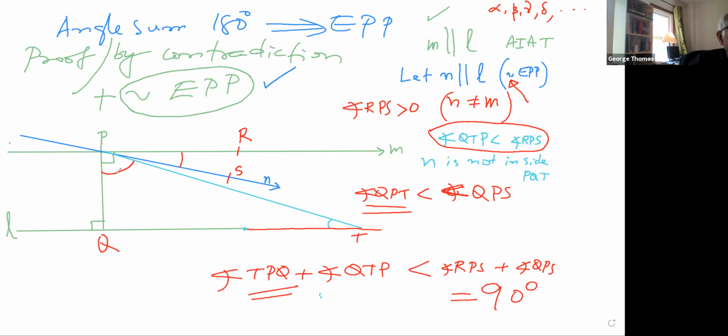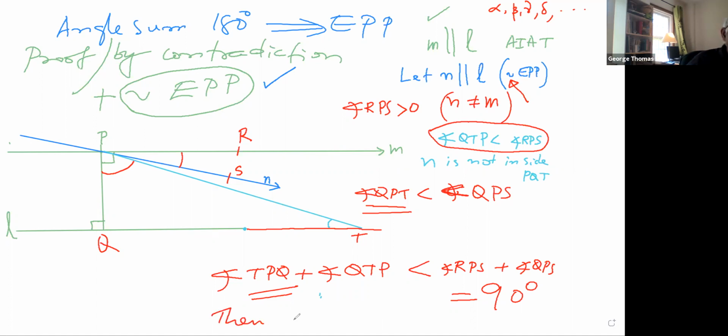If you add all these up, you get something less than 180. Do you agree? And that is a contradiction because we assume angle sum is 180. And that is the end of the proof.